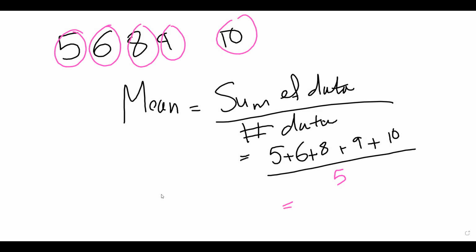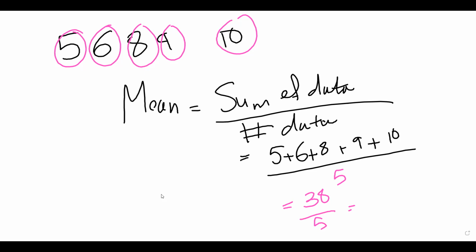Then let's add them. 5 plus 6 is 11, plus 8 is 19, plus 9 is 28, plus 10 is 38. So the summation of the data is 38 over 5.